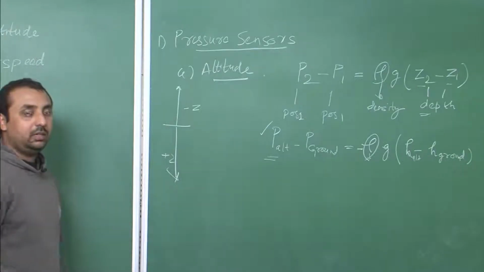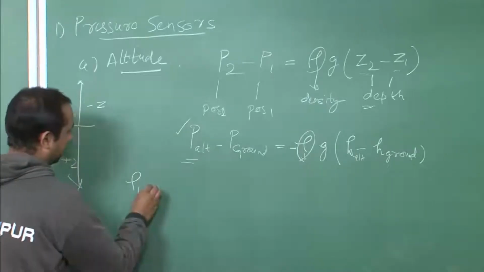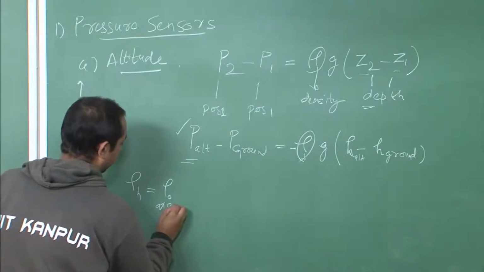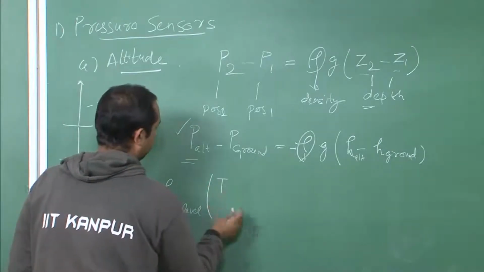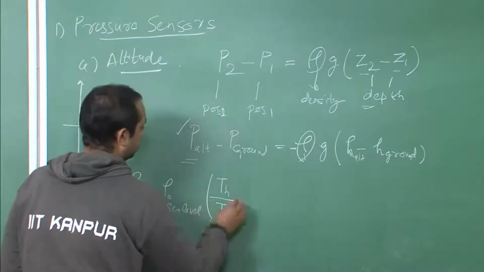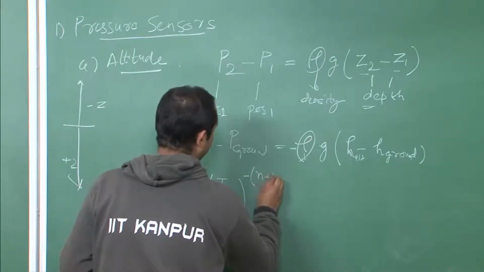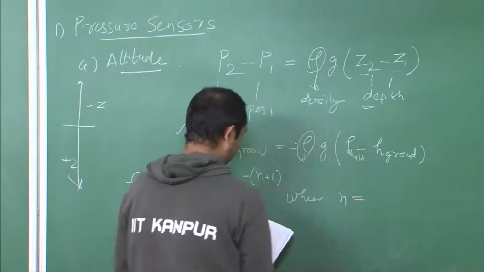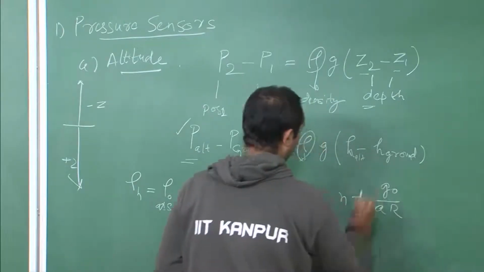So density with height is given as rho h equals rho naught, that is at sea level, into T, temperature at a particular height divided by temperature at sea level, to the power of n plus 1, where n is equal to g naught by a into R.